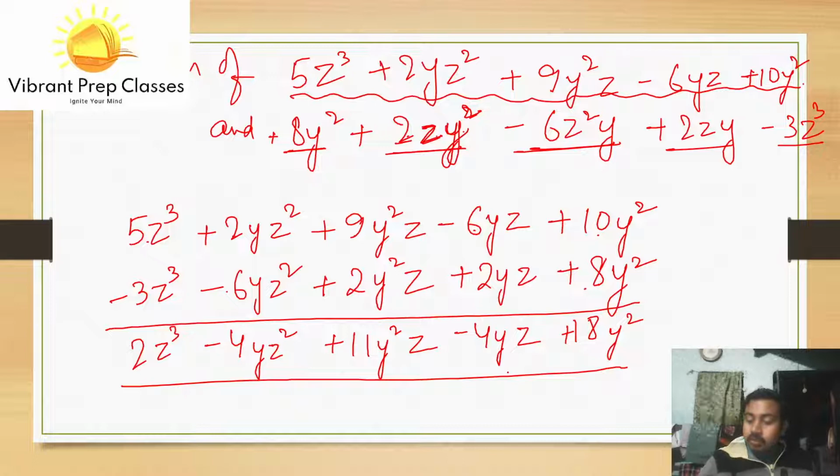I guess many of you have got that. Maybe you are getting 2z³ at the front or back, no issues. The numbers and the signs should be the same. So I guess all of you have done this.